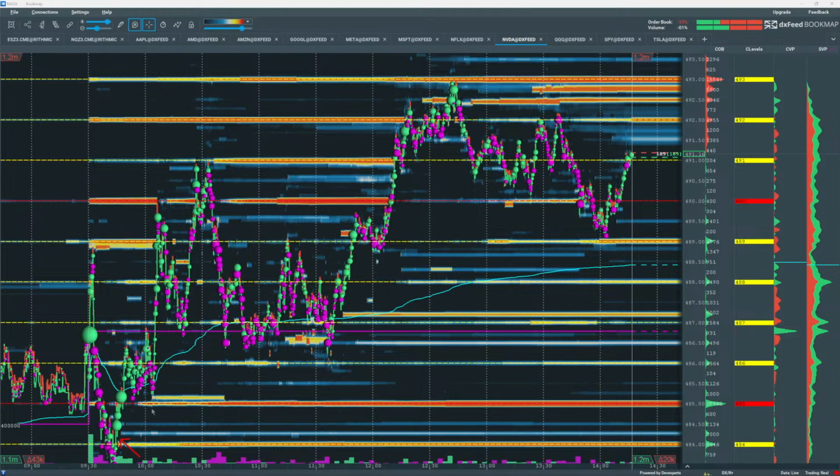That would have been a pretty aggressive entry. Then better entries, pullbacks to VWAP, shown by this line right here, light blue line, pullbacks to VWAP. And now price continues to move higher.